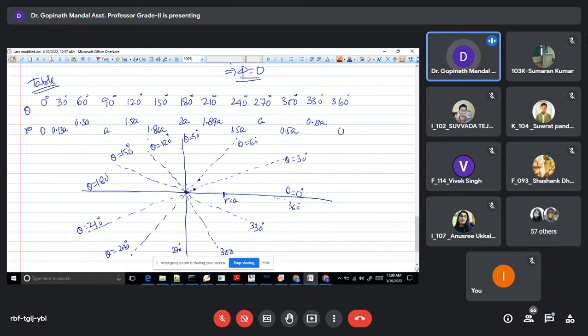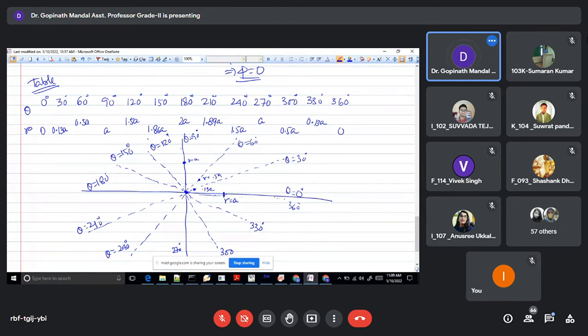At 90, r equal to a. Here r is the distance.